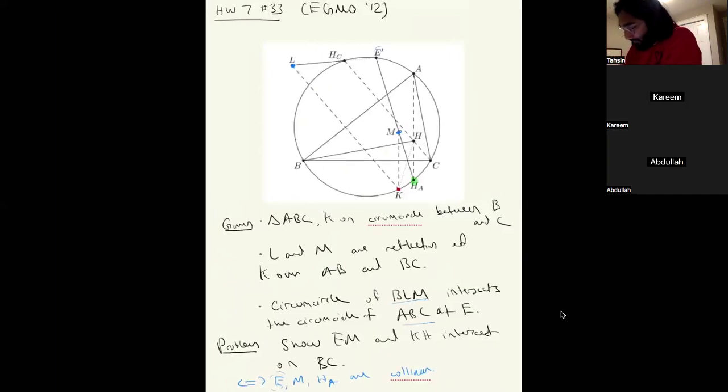So here, what do we have? We have this HA, and from HA we've constructed E prime by intersecting with the circumcircle, and our goal now, we've reformulated the problem, is to show that B, L, M, and E prime are concyclic.